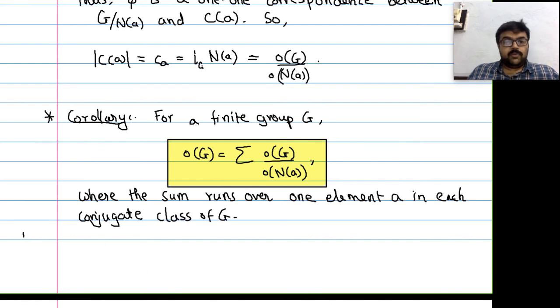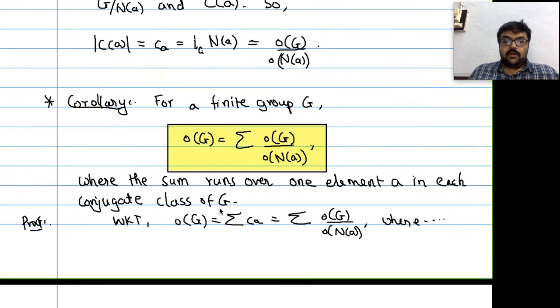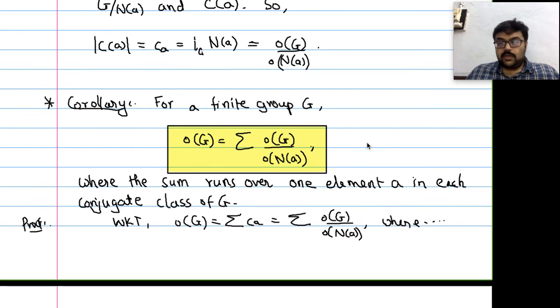Right? So the proof is simple. What we know is a corollary. So we know that, we know that order of G is nothing but summation Ca, and Ca, we have just proved, is order of G upon order of Na, where the sum runs over each conjugate class of G. Okay, so let me put a star over here, and then I write what this star is.